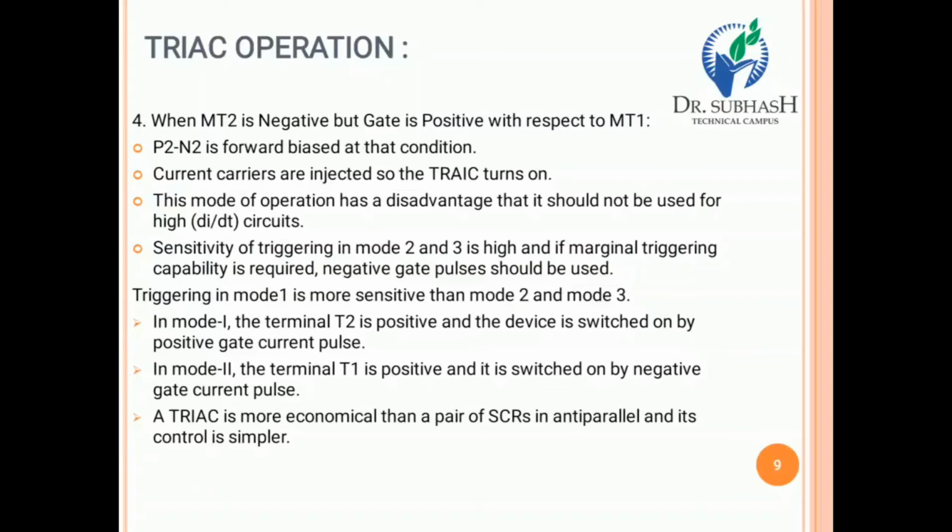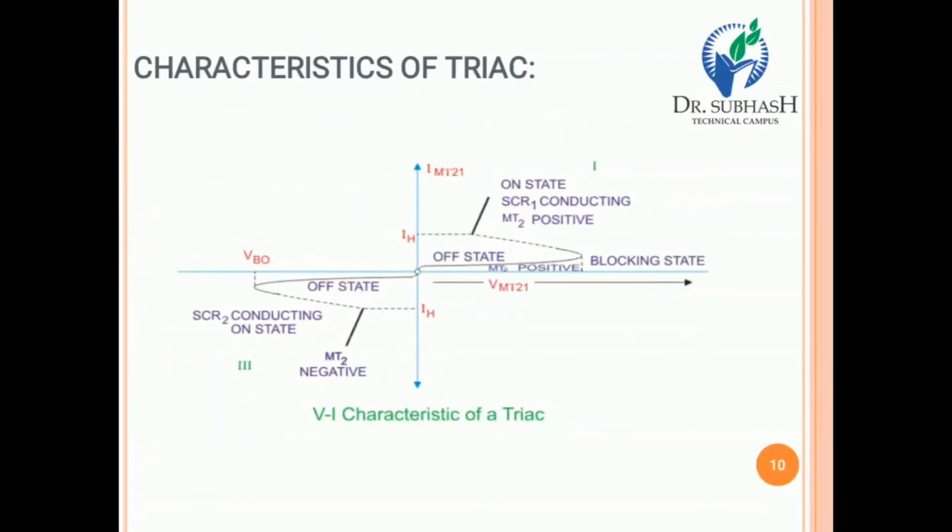In mode 1, terminal T2 is positive and the device switches on by a positive gate current pulse. In mode 2, terminal 1 is positive and it switches on by a negative gate current pulse. A triac is more economical than a pair of SCRs in antiparallel, and control is simpler.